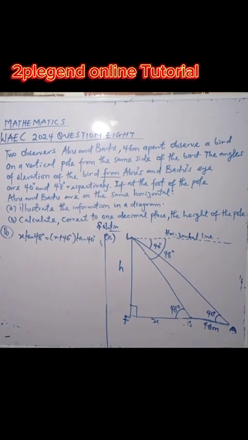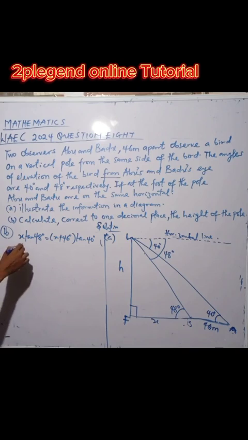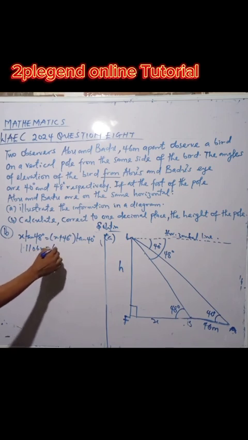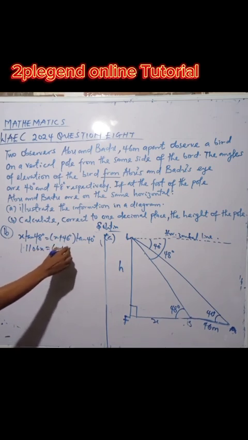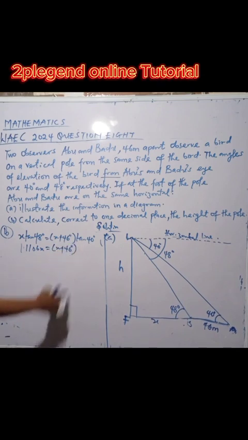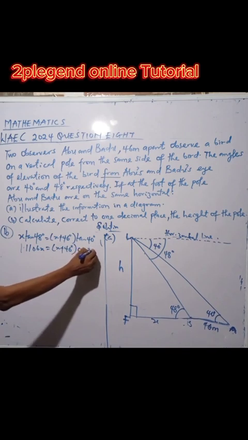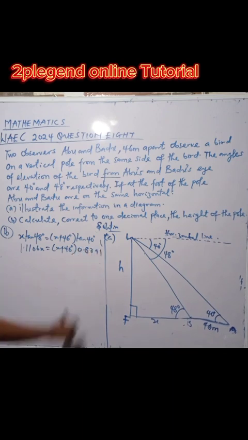Using the calculator, your tan 48 degrees is given as 1.1106x, which is equal to x plus 46, and your tan 40 degrees, using the calculator, you will have as 0.8391.